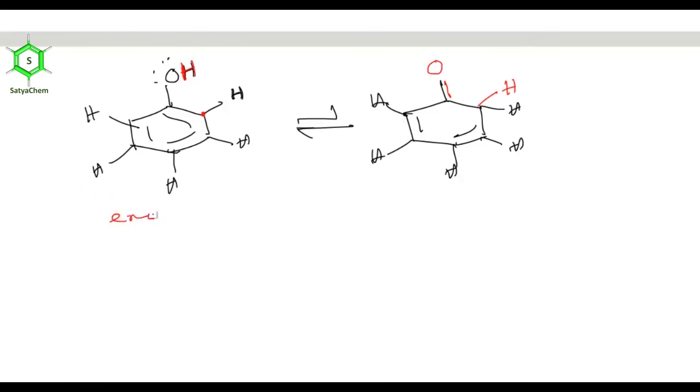This is enol form. This is keto form. But here phenol is additionally stabilized by resonance. We know the resonance energy of benzene is 36 kilocalorie per mole. So that is why here enol is more stable. This is the stability order.